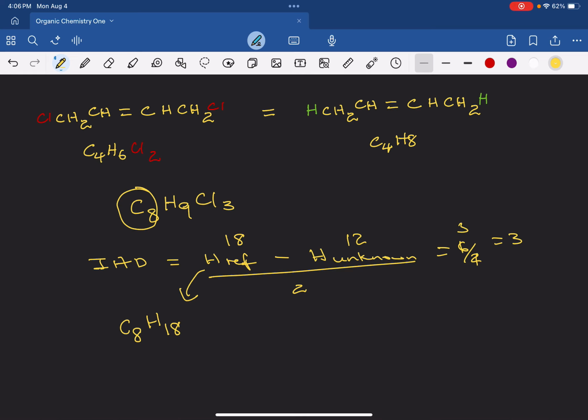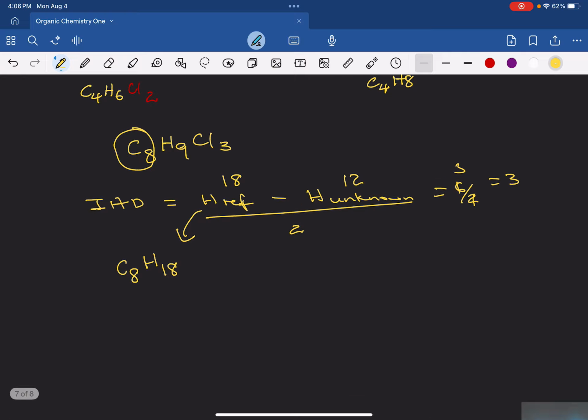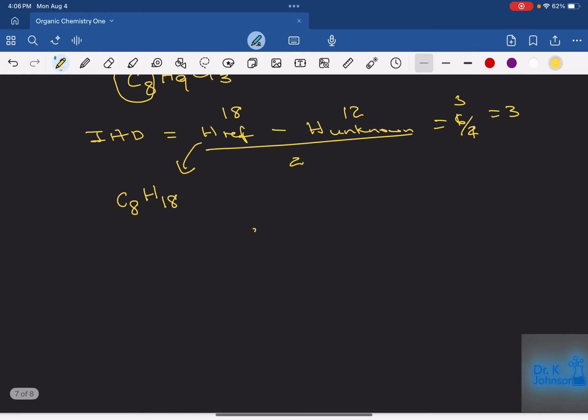Let's work one last example. What if you're given C7H7Cl? Your reference here would be C7. 7 times 2 is 14, plus 2 is 16. And all I am doing is using the general molecular formula for your alkane, which is CnH2n plus 2.